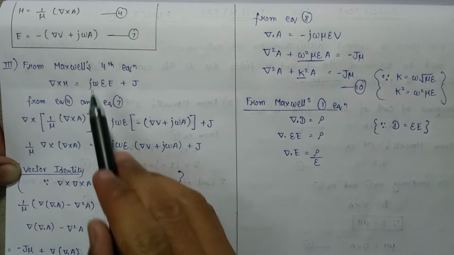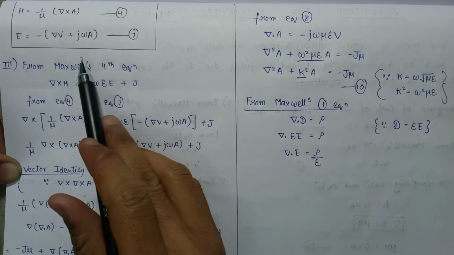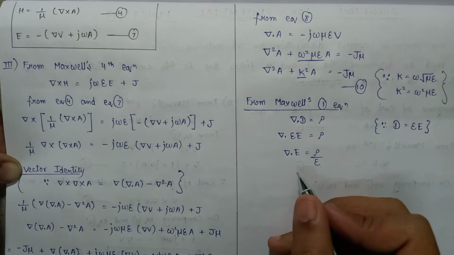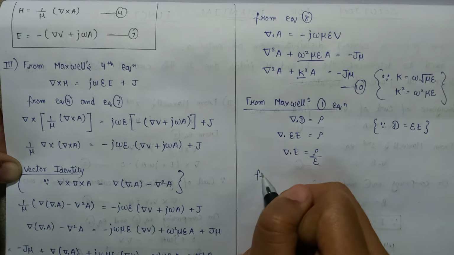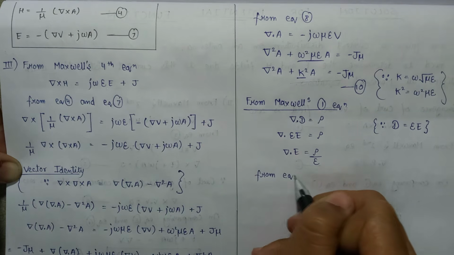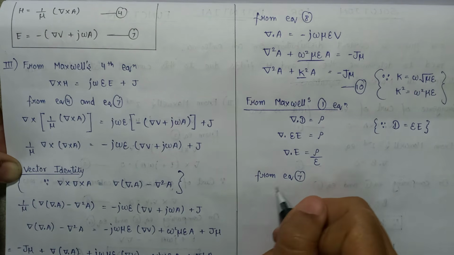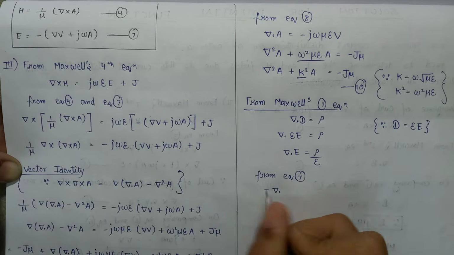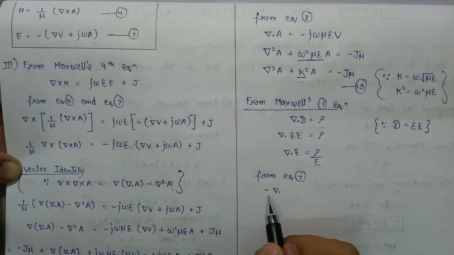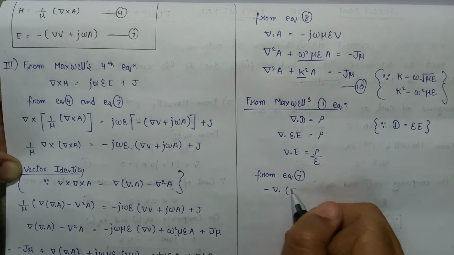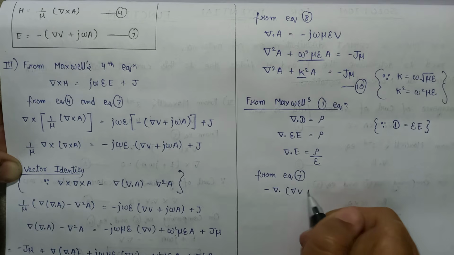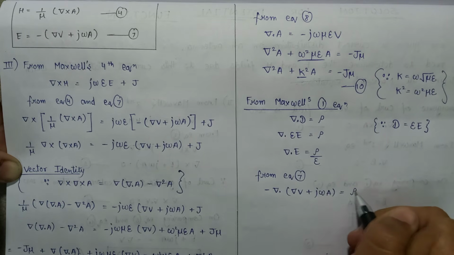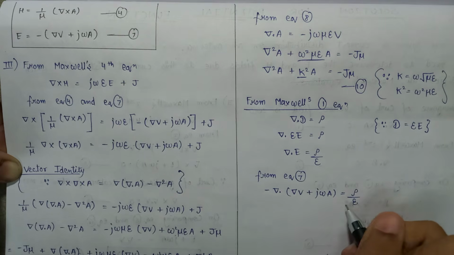Now from equation number 7 that we discussed, by simply putting the value of E in this equation, it will become minus of del V plus j omega A, that will be equals to rho over epsilon.